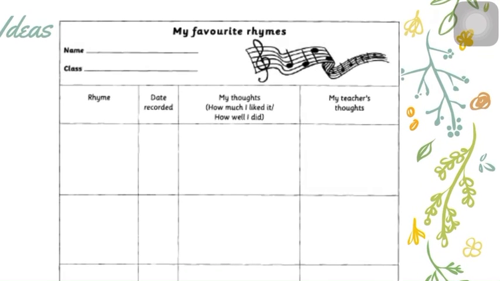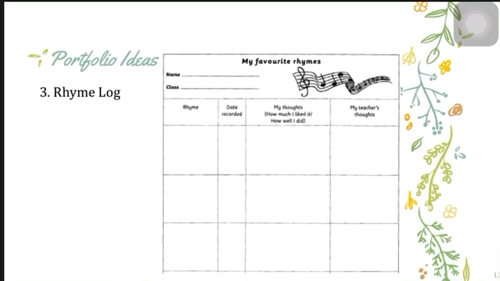So there will be the rhyme that they recorded, the rhymes my teachers taught. So the rhyme is what lyrics or what rhymes they are interested in, and then the date they listened, and then how they feel about this song, and what the teacher's comment about this song is.